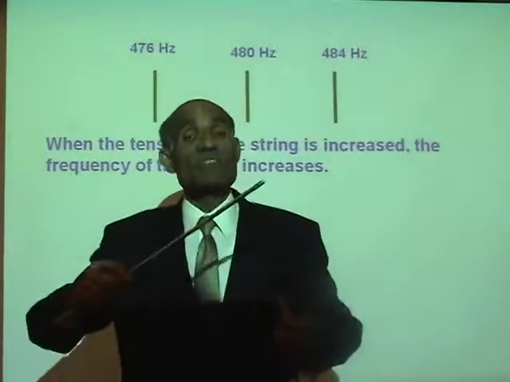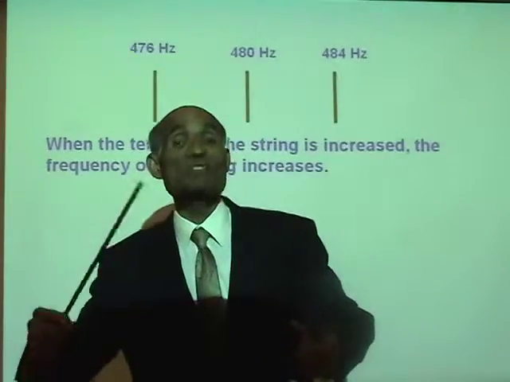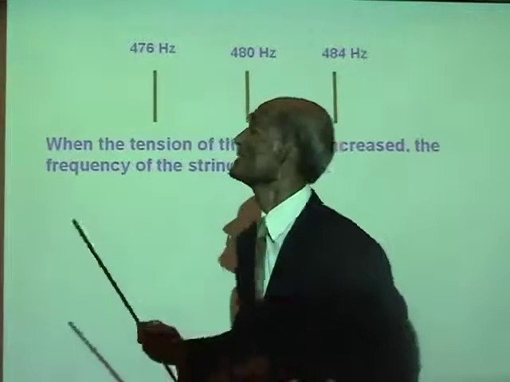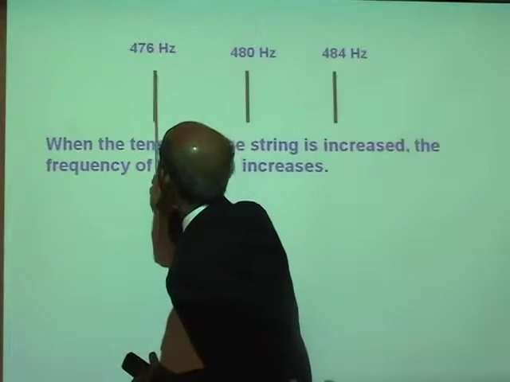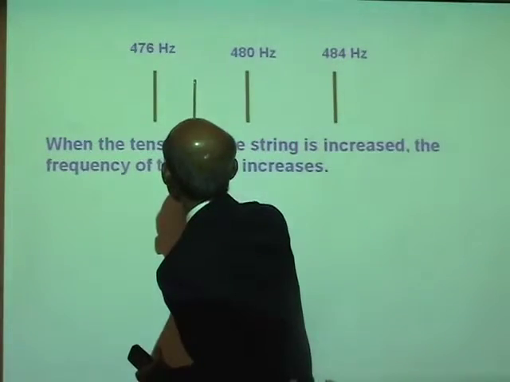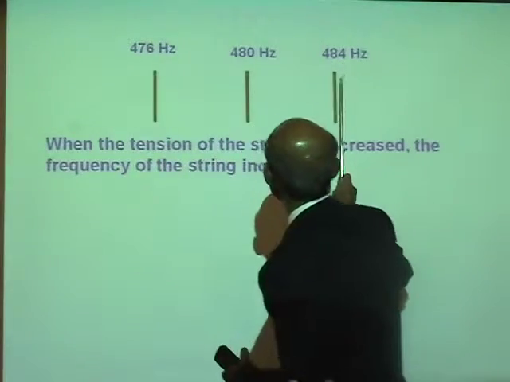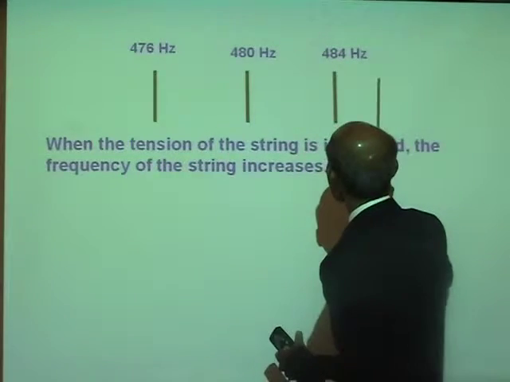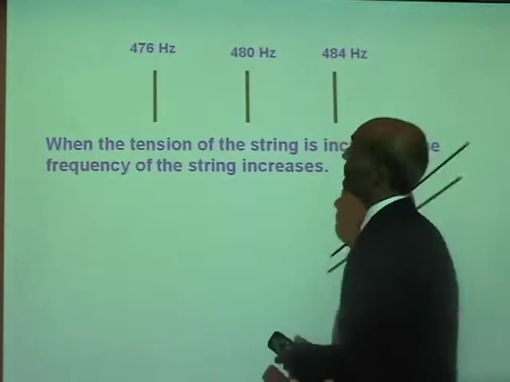In other words, the frequency of the violin string is slightly increased, which means if it is 476, it's going to be closer to 480. If it is 484, it's going to go away from 480.